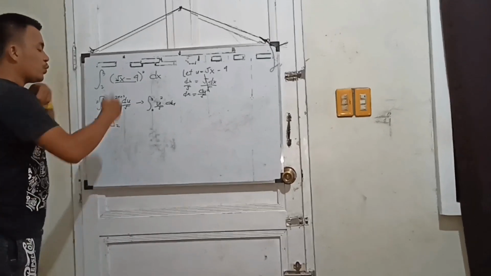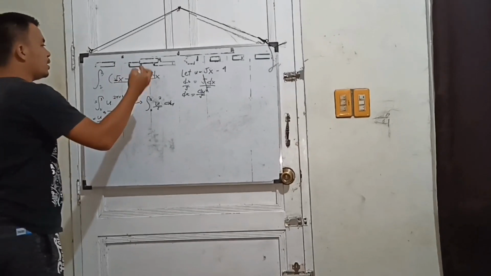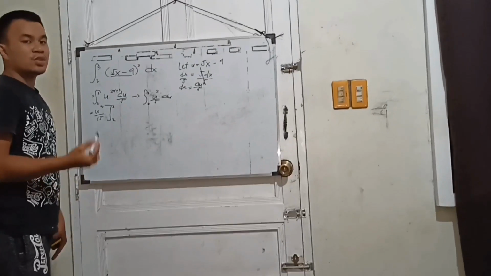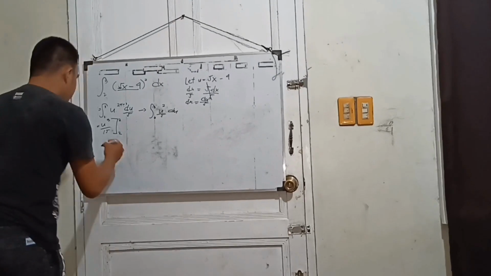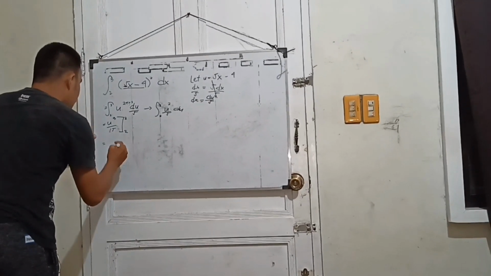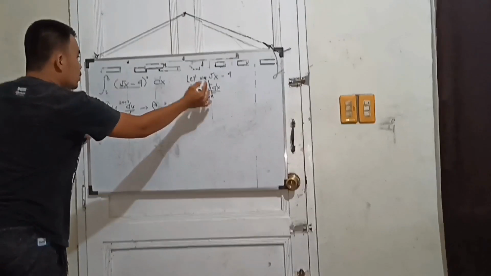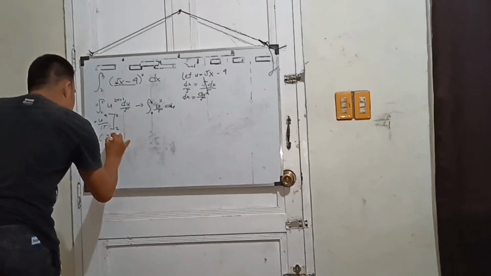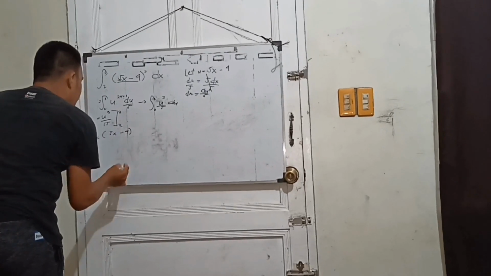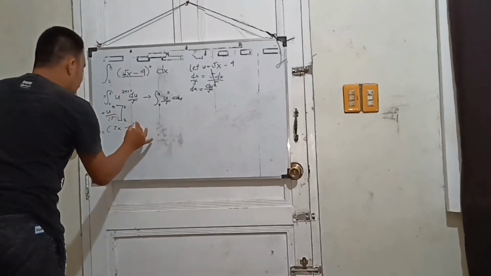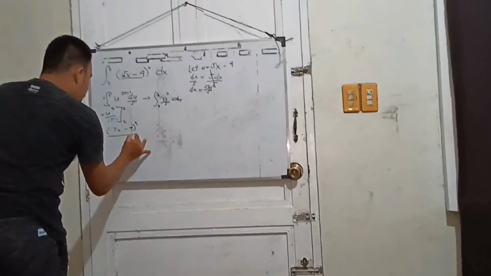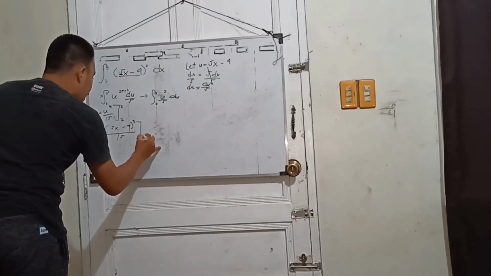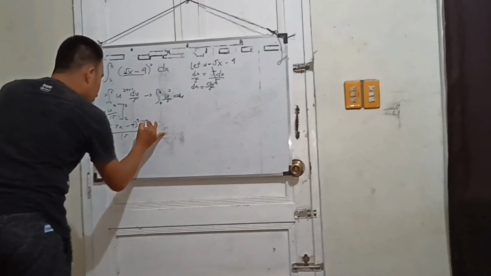Now we will transform it and substitute the value of u so that we can solve it properly later. What is the value of u? 5x minus 4. Our integrated expression is (5x minus 4) cubed over 15, with a bracket from the limit 2 to 3.